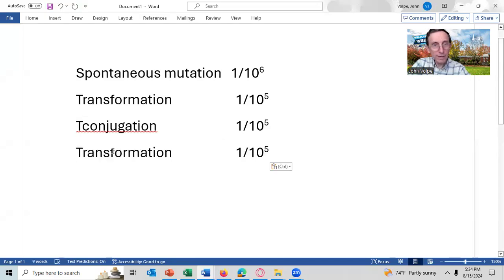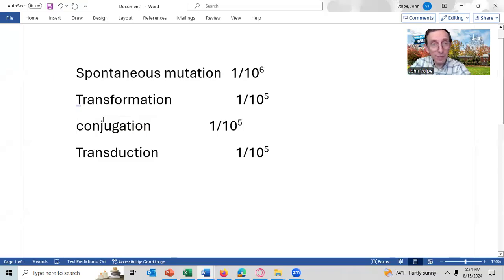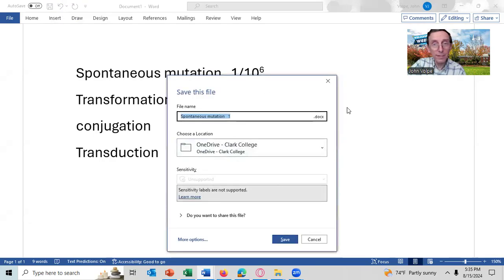And transduction also happens about 1 in 10 to the 5th cells, meaning all of these, transformation, conjugation, and transduction, happen about 10 times more frequently than spontaneous mutation. Any question about any of that? At least in E. coli and other gram negatives.